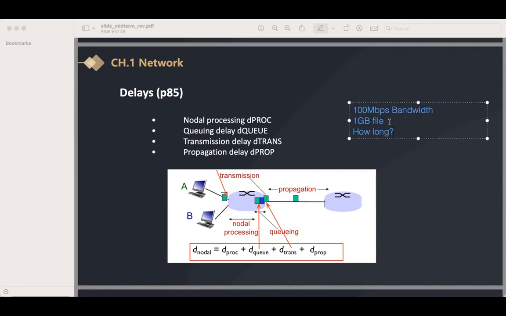This is one of the questions in the midterm exam. Can you try to answer this one? We are only calculating the transmission delay here. So what is the answer?